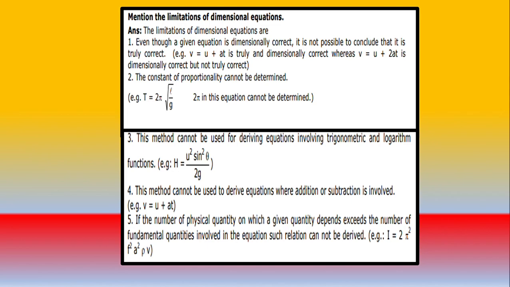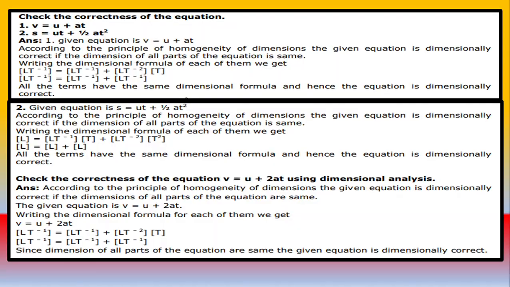Similarly, we can't say whether trigonometric and logarithmic functions are correct or wrong, so dimensional equations cannot be used to derive equations involving them. This method also cannot be used to derive an equation where addition or subtraction is involved. So these are a few limitations of dimensional equations, but we will go through the applications in detail.